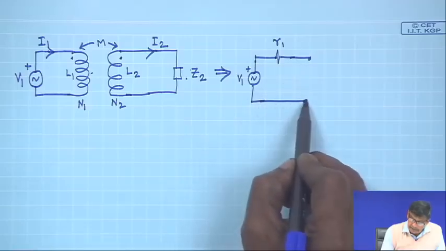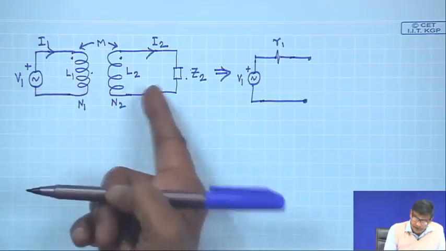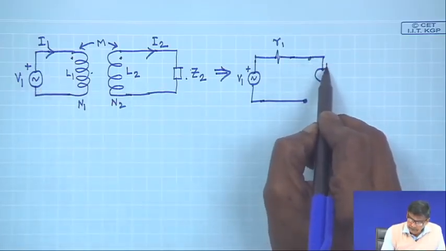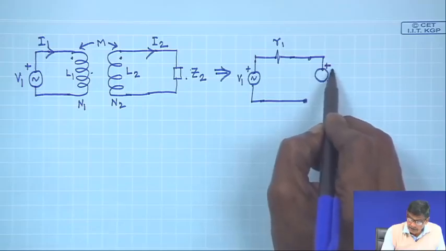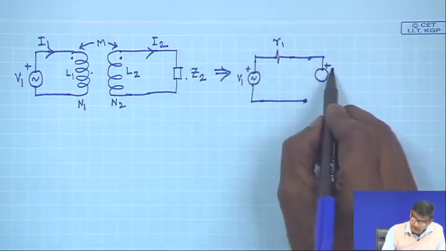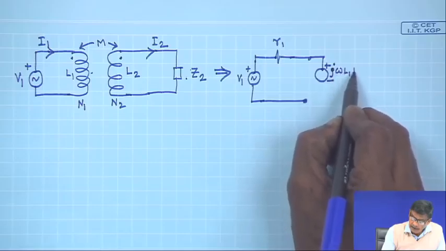Then you have two sources of EMF here because both the coils are carrying current. One is, and polarity is important, L1 dI1/dt in time domain terms, which comes out to be j omega L1 I1.